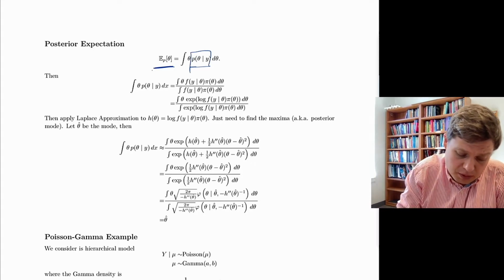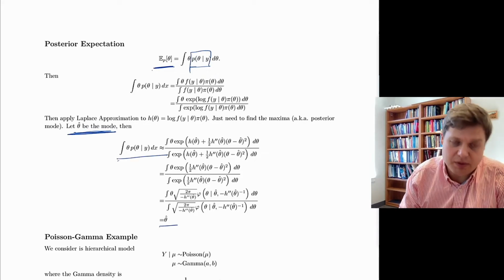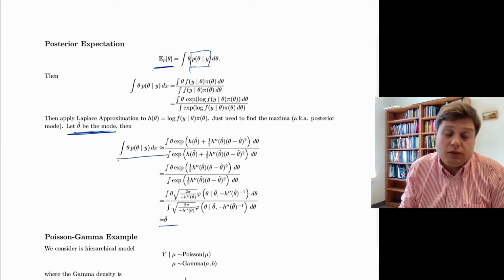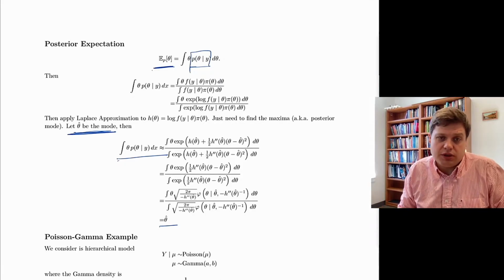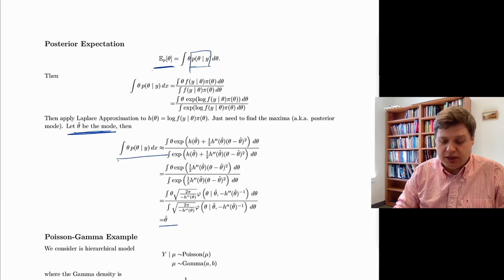And if we know the mode of the posterior, then the expectation becomes just the mode, which again is something we would expect because we approximated with a normal distribution. For a normal distribution, the mode and expectation are at the same location.